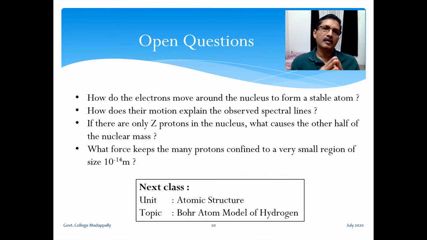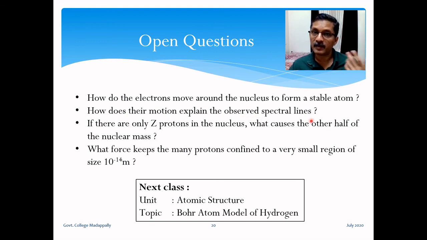But at the same time, like any new theory, it also raised many open questions. These are the major questions raised by Rutherford's model. How do the electrons move around the nucleus to form a stable atom? Already we have seen that Rutherford's model is in contradiction with classical electromagnetic theory in terms of the stability of the atom. How does their motion explain the observed spectral lines?